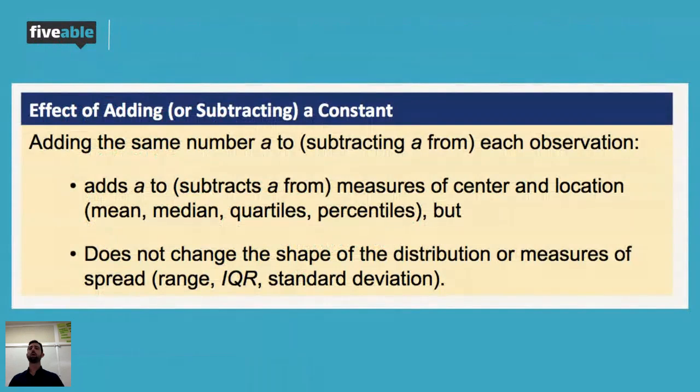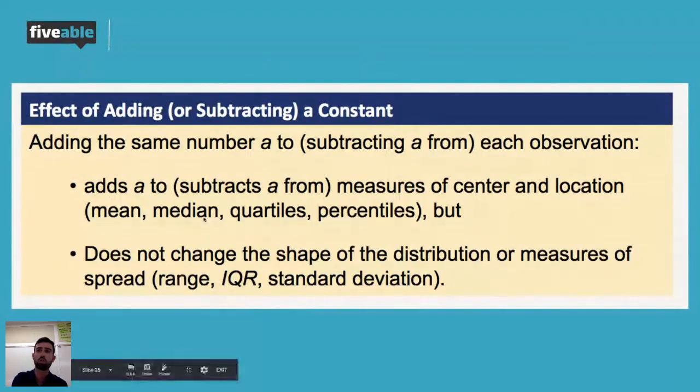If you add the same number to each observation in a data set, it's going to change a couple things. The first thing it's going to change is any measure of center, so your average or your median. It's also going to change the location of the different important parts.